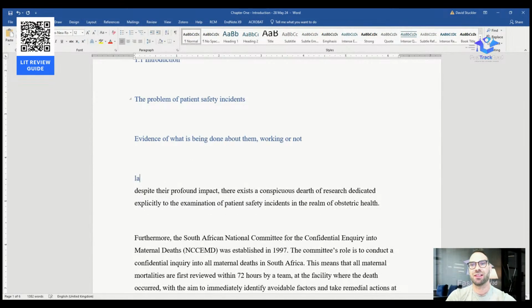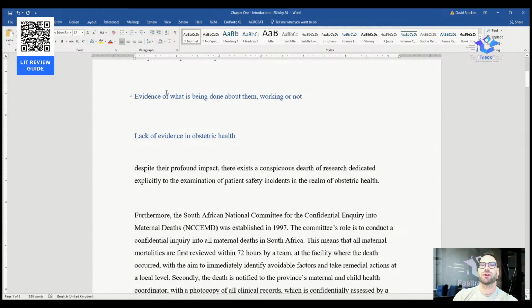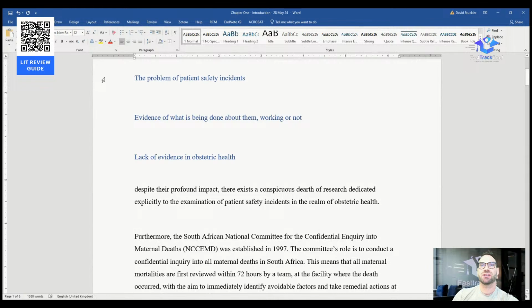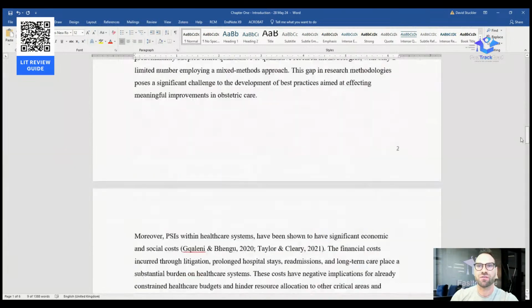And then you need to say lack of evidence in obstetric health. If this is your argument, and basically this is one paragraph, another paragraph, another paragraph, and that should get you straight there. You can then expand it like you've done with more data and details, but you need that kind of core central structure to make your argument smooth and linear. Now let's see what you're trying to do with your idea to address this, which I think is farther below.